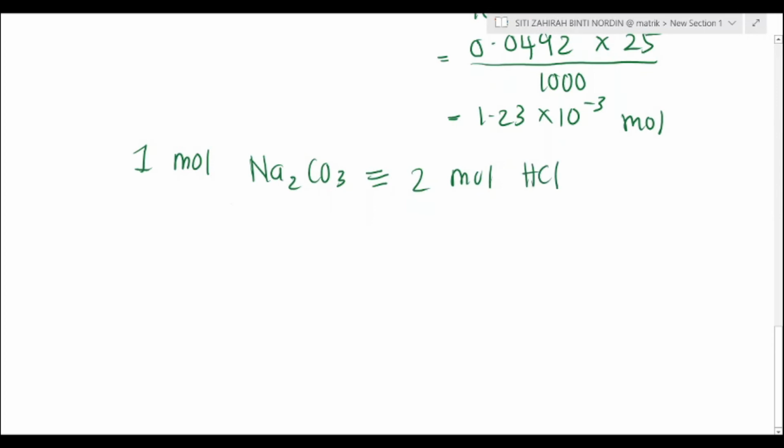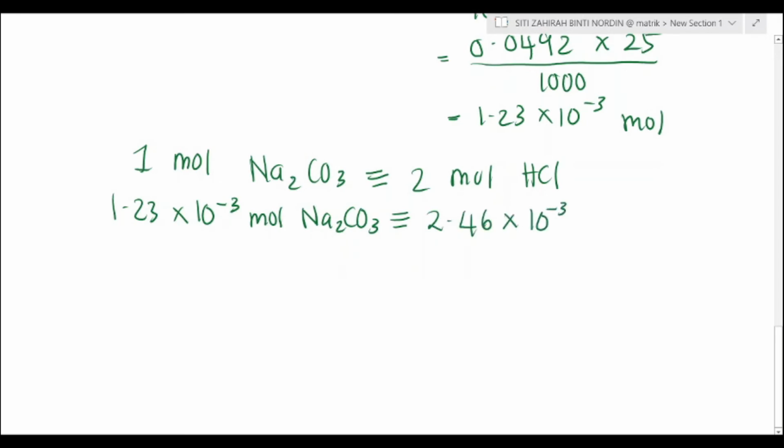So the 1.23 times 10 to the power of minus 3 mole of Na2CO3 that we pipetted is going to produce 2.46 times 10 to the power of minus 3 mole of HCl. So we've got the mole of HCl already.